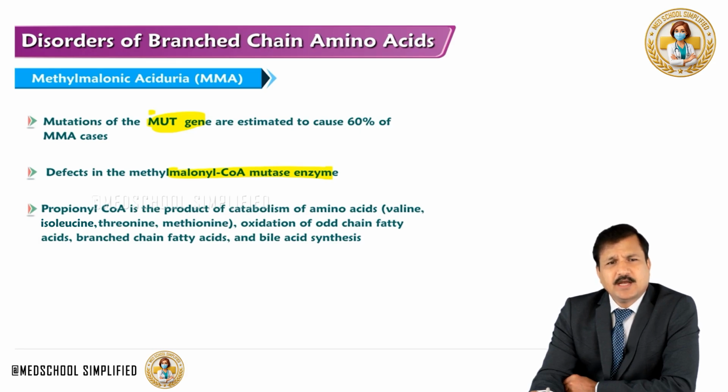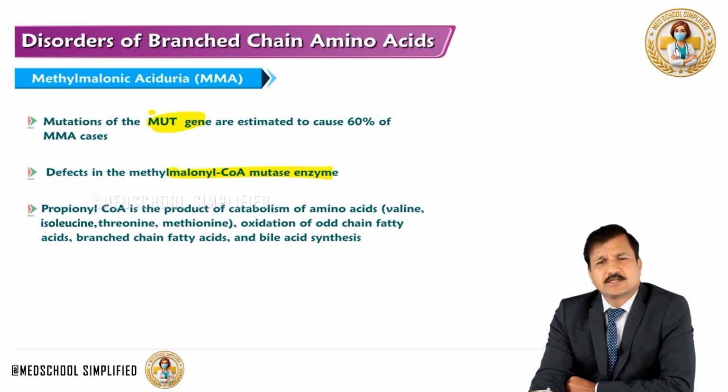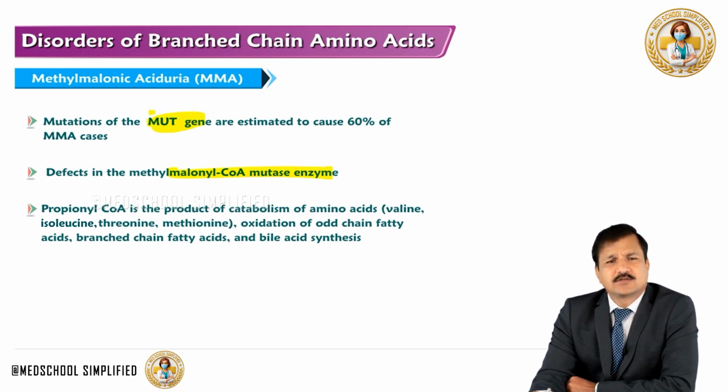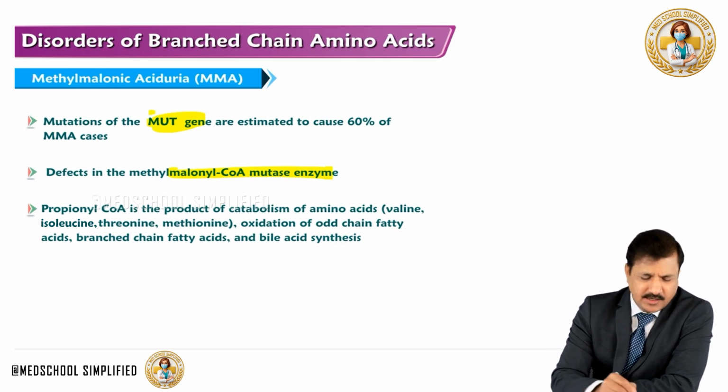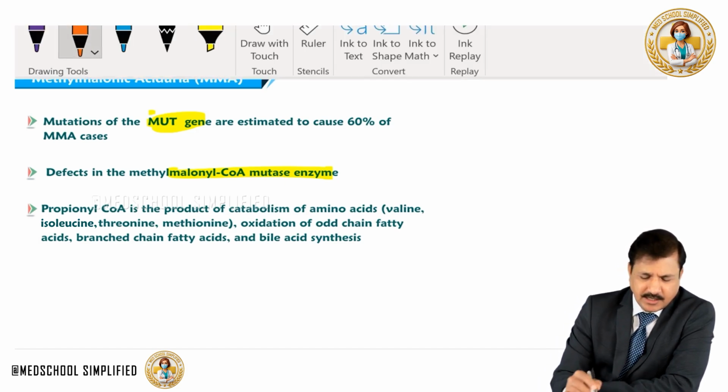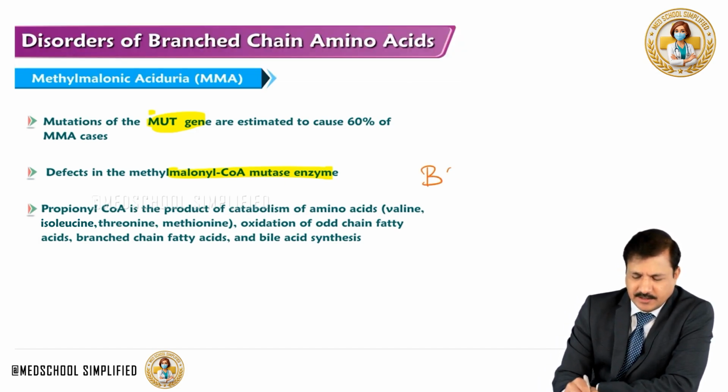Propionyl-CoA is the product of catabolism of the amino acids valine, isoleucine, threonine, methionine, and of oxidation of odd chain fatty acids, branched chain fatty acids, and bile acid synthesis, which I have mentioned so many times.